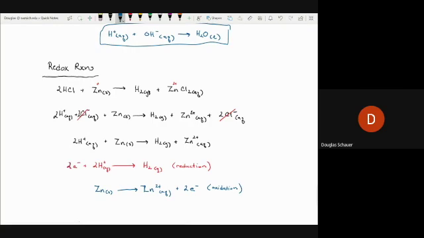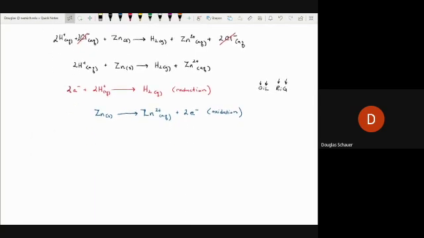So there's a number of different ways of remembering this. Some people like to use OIL RIG. So oxidation is the loss of electrons. Reduction is the gaining of electrons. I've also seen people use, was it LEO GER? Same idea. So oxidation is the loss. Reduction is the gain.